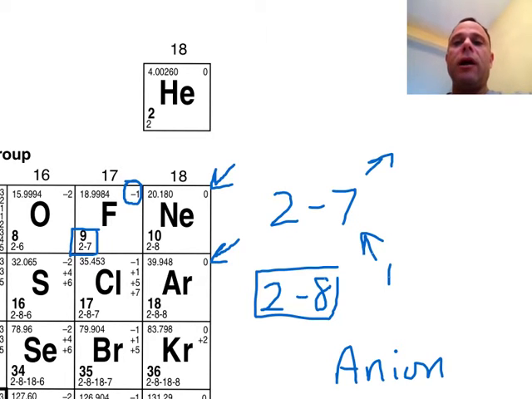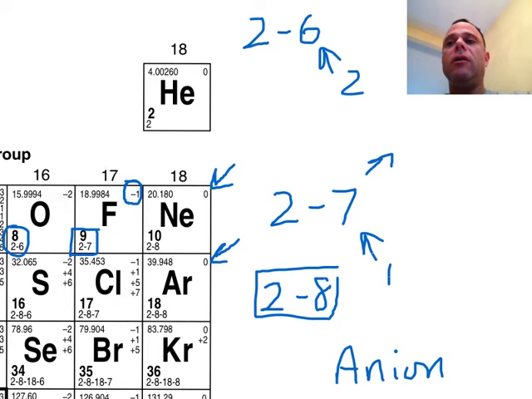Alright, let's take a look at oxygen at 2-6. Easier to lose 6 or gain 2? Of course, gain 2. Alright, so now it has an electron configuration of 2-8. It gained 2 electrons. It was first neutral. Now it has a -2 charge.